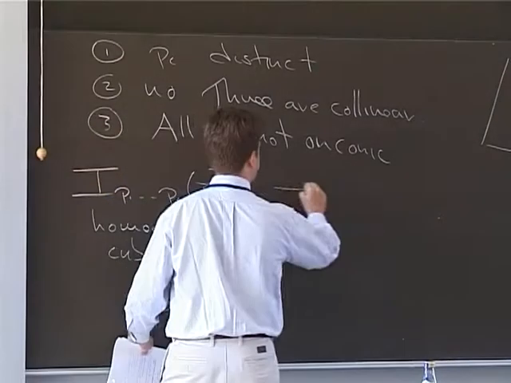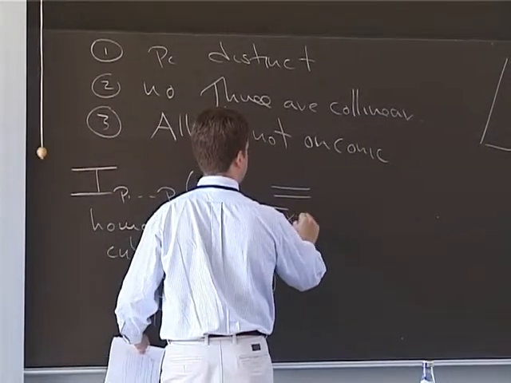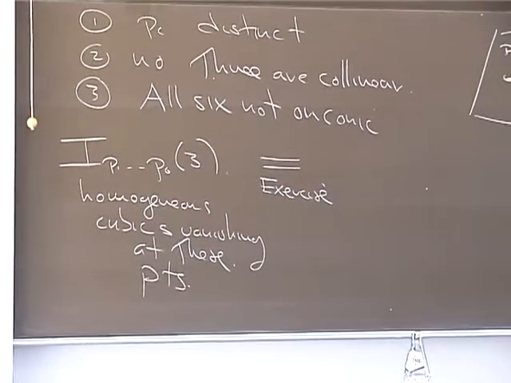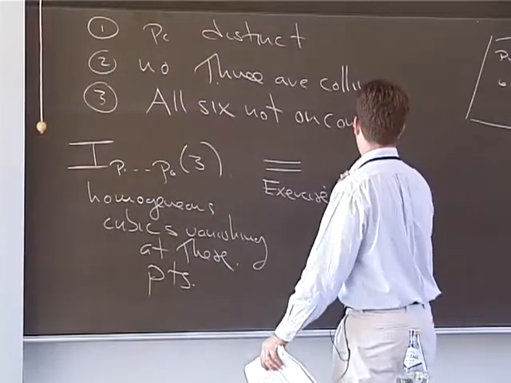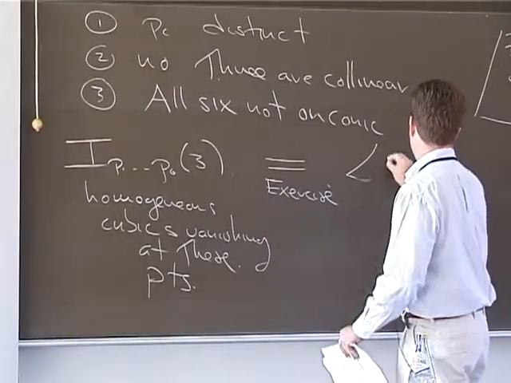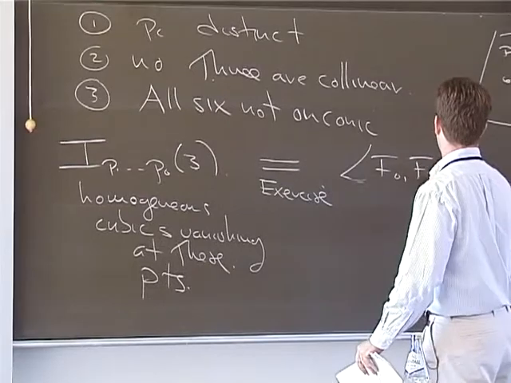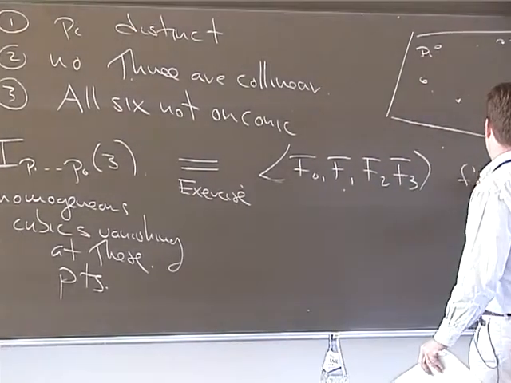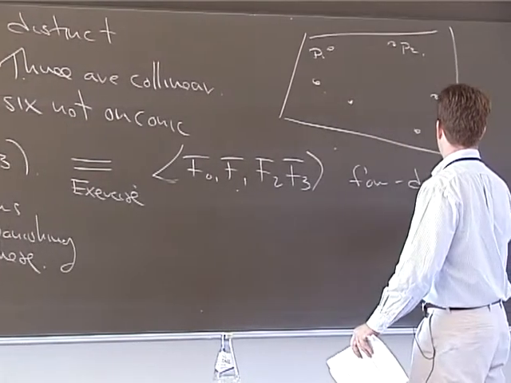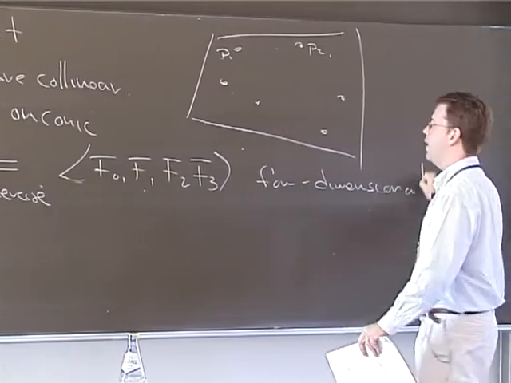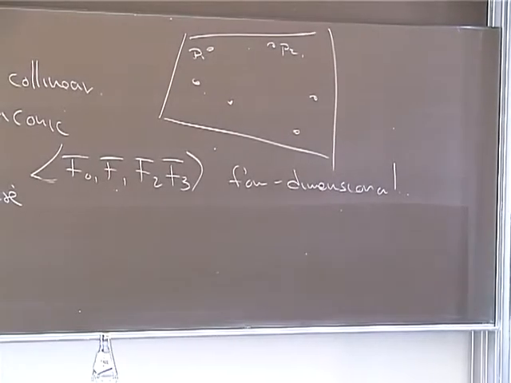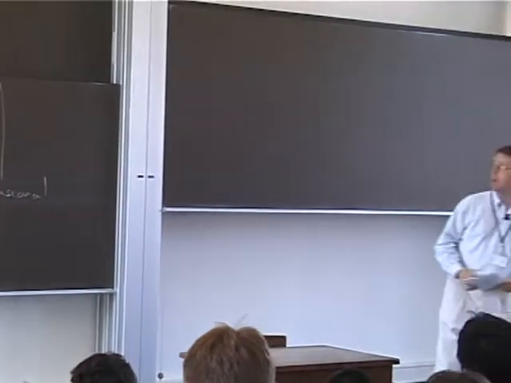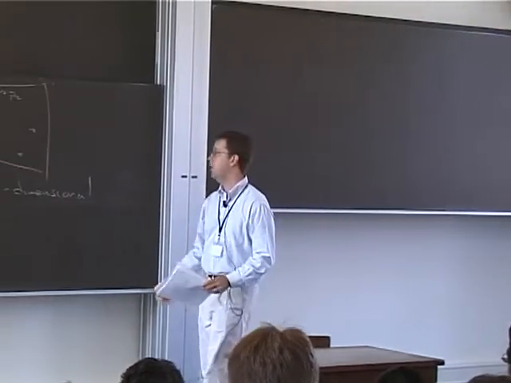And an exercise for you, if you choose to accept it, is that this is a four-dimensional space. Another way of saying this is that the 6 points impose independent conditions on a 10-dimensional space of all cubic forms in 3 variables.